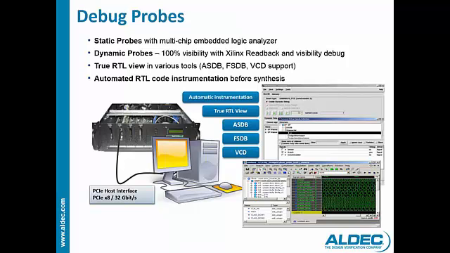Although they provide good visibility, it comes at a cost of speed, so the system clock is slowed down with dynamic probes. The methodology is to use static probes to home in on a problem area, and then use dynamic probes for detailed debugging. With the debug probes, it's important to have a true RTL view.